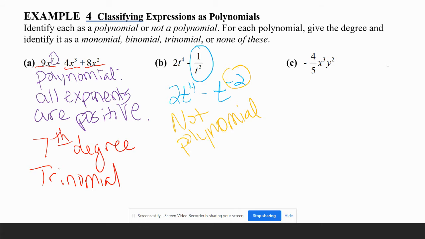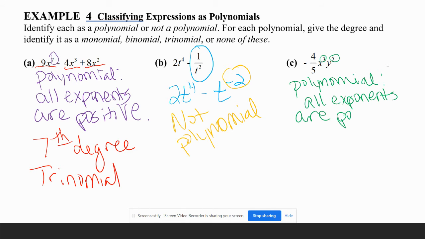For letter C, this is a polynomial. We don't really care about this negative 4/5 in the front. Again, we're looking here at the 3 and the 2. Those are both positive. And so, yes, this is a polynomial. All exponents are positive. And so the degree is actually a 5th degree.